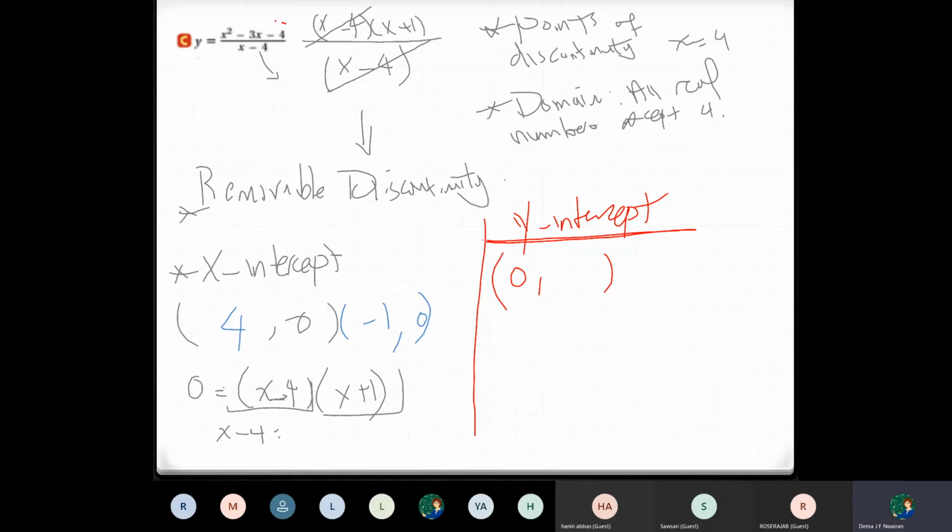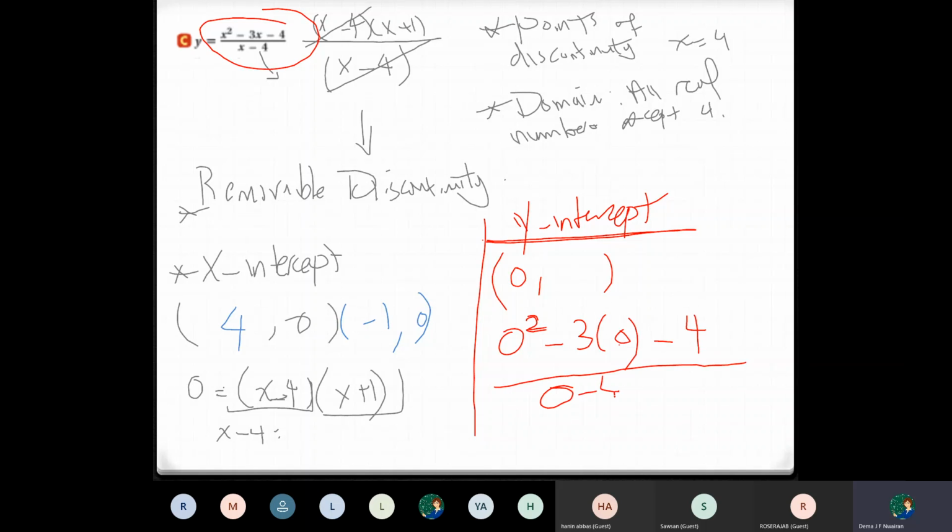When x is 0, I will go back to the function: 0 squared minus 3 times 0 minus 4 over 0 minus 4. It will be -4 over -4. So the answer is 1. So the y-intercept is at (0, 1).